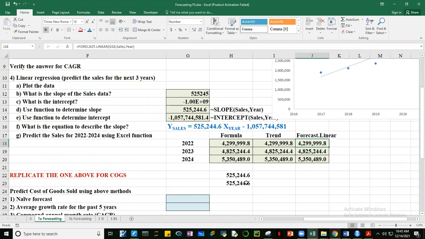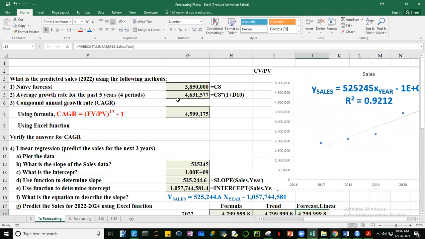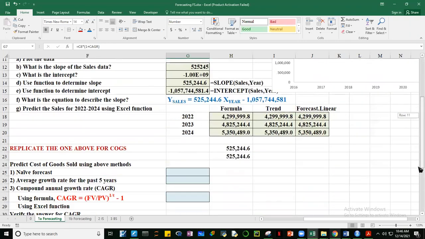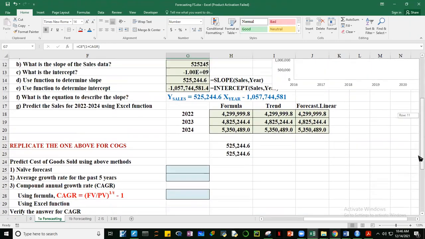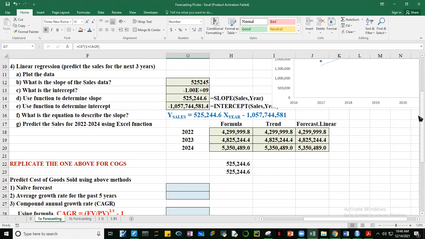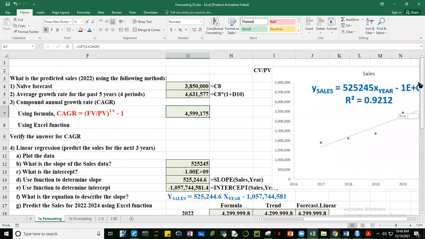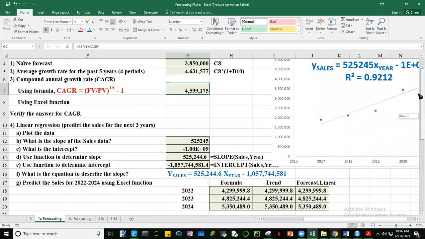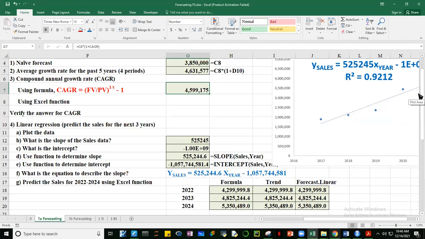All of them gave the same results. So if you compare, guys, yung projected sales natin using average growth rate, 4.6 million. Ito, 4.599 million using CAGR. Sa linear regression naman is 4.299 million. So management has to decide kung anong gagamitin nilang model para i-predict yung sales nila sa 2022, 2023, and 2024.